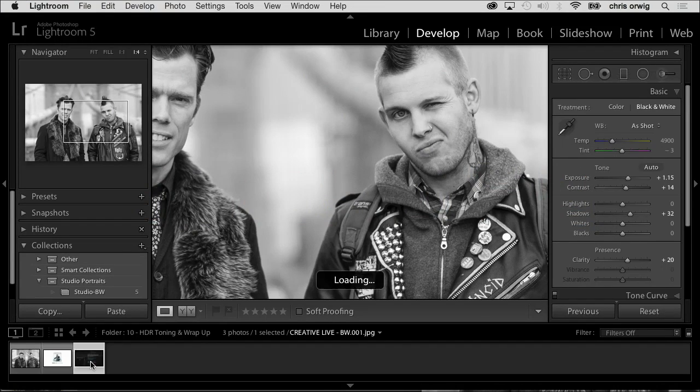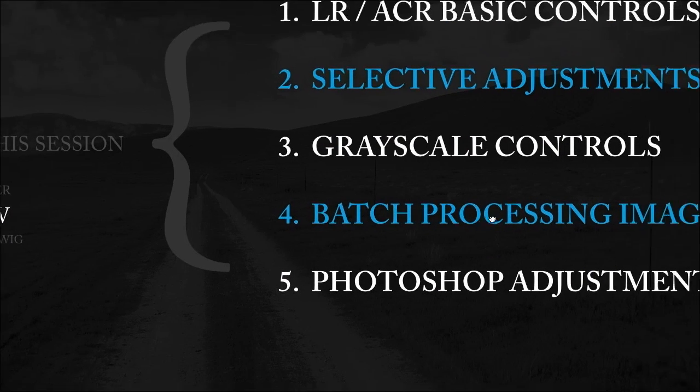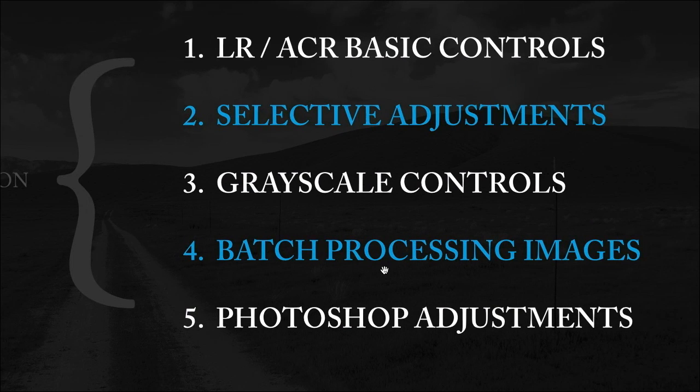So, in summary, the whole reason I want to do this is just to get in your brain what we covered. Lightroom and then a little bit of Camera Raw, not as much as I'd hoped, but the basic controls, those sliders are really important. And what we learned there was that color temperature is one we often overlook.